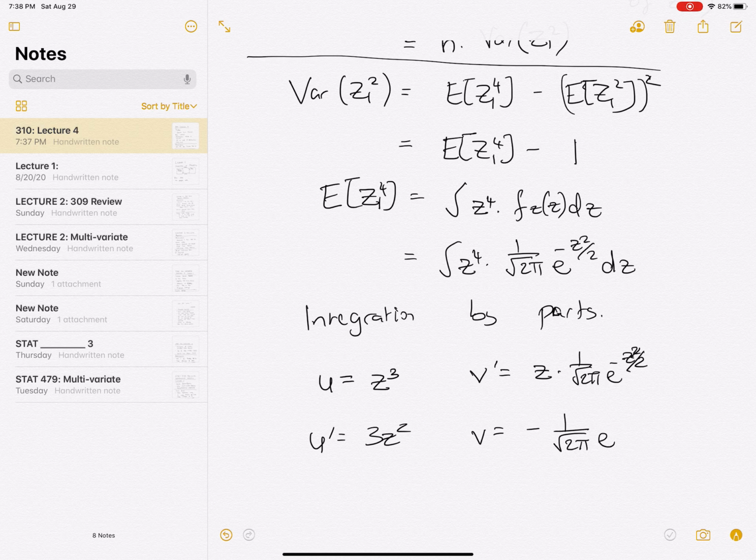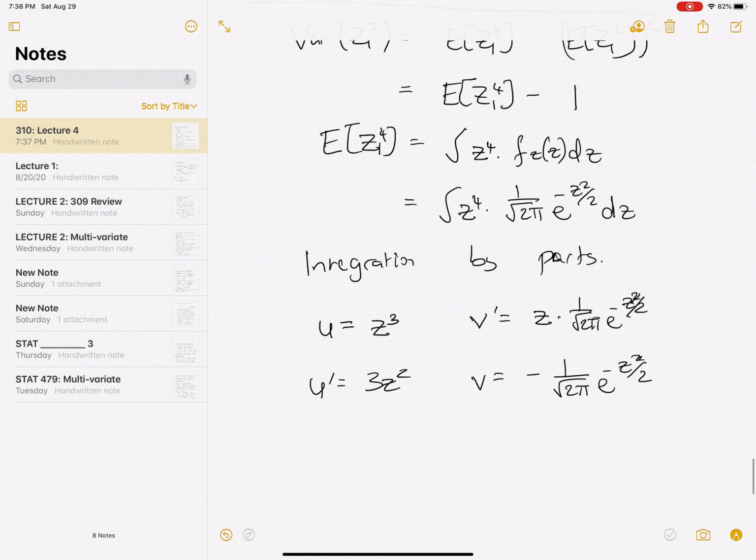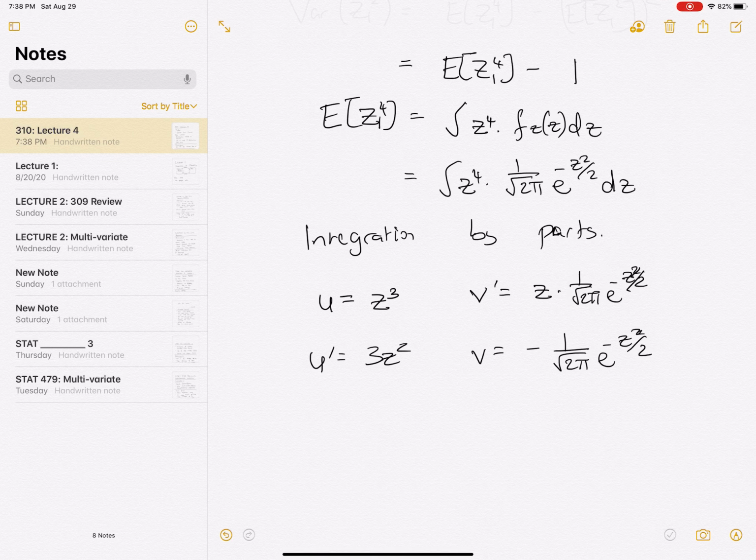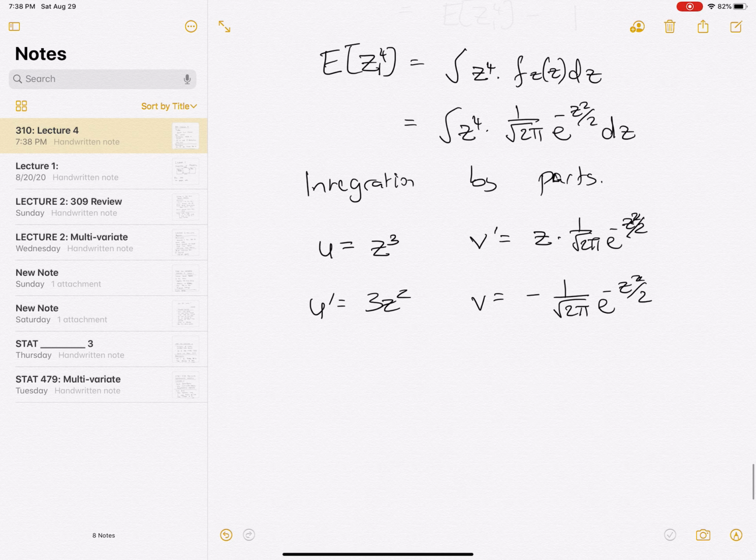By substitution, you can see that this integral works out pretty nicely because of that factor of z outside. Again, if this is not completely comfortable at this point, that's okay. I'm just showing you how you arrive at the solution, and it's just an integration exercise.